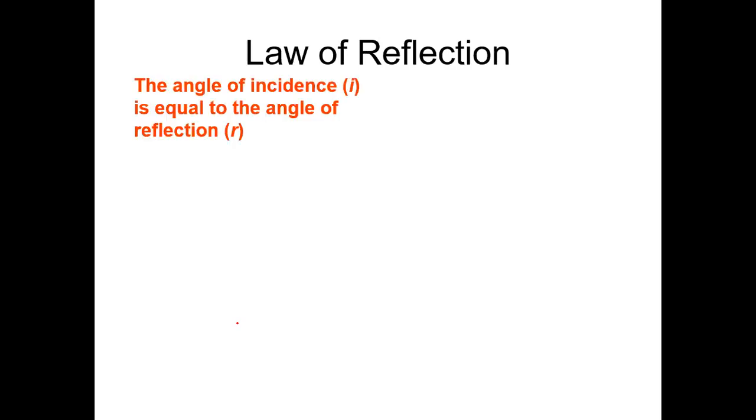So there is a law that governs this reflection. This law states that the angle of incidence is equal to the angle of reflection. Suppose this is a mirror and this is a normal line, and remember, this normal line is always perpendicular to the surface, and we use this normal line to measure the angles.